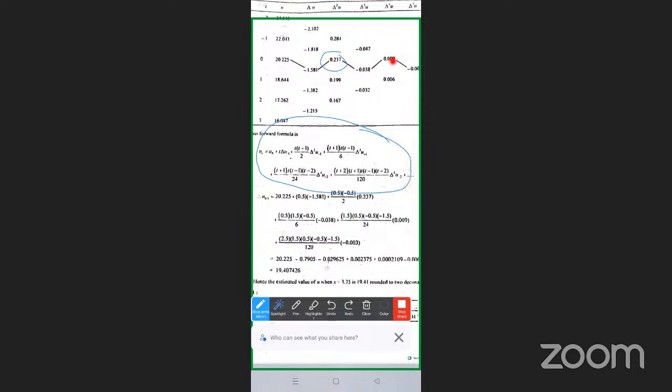Next, delta power 4 u minus 2, and delta power 5 u minus 2. So these are the values. Substituting these values, after simplification we get 19.4074. So this is the Gauss forward formula.